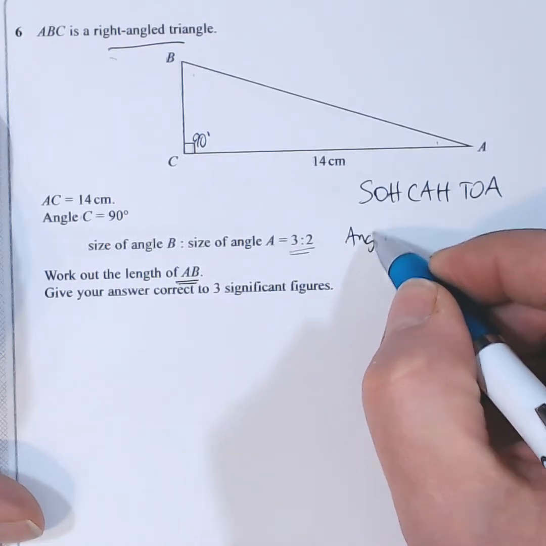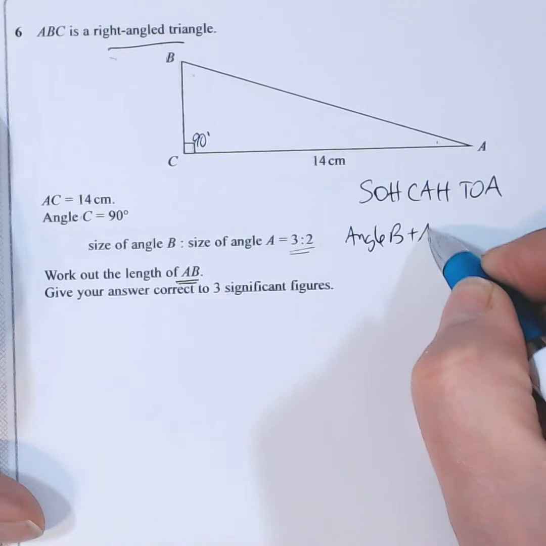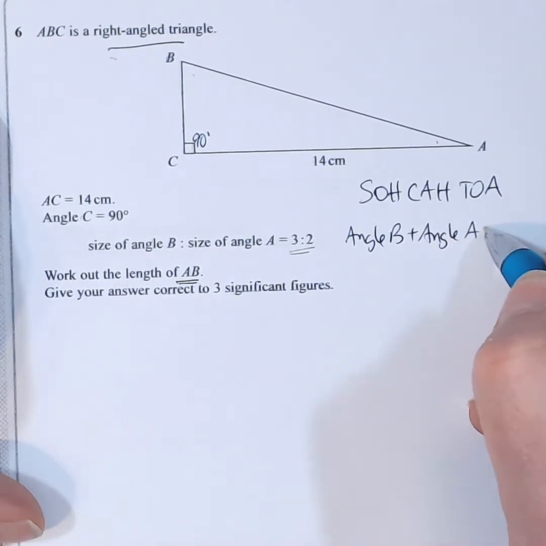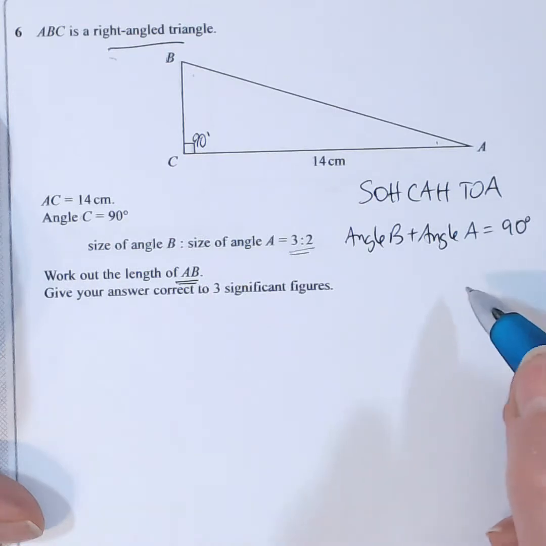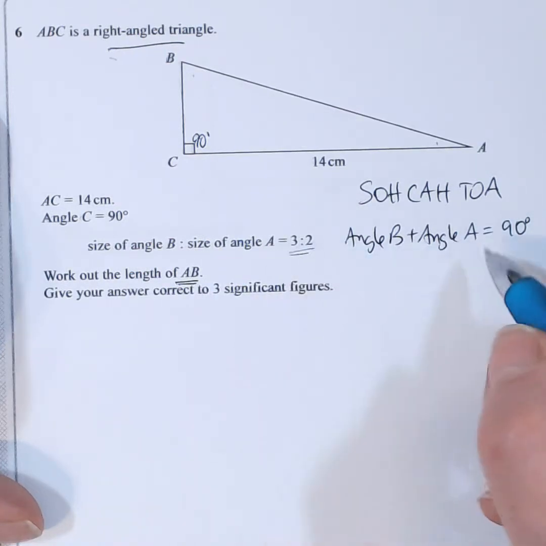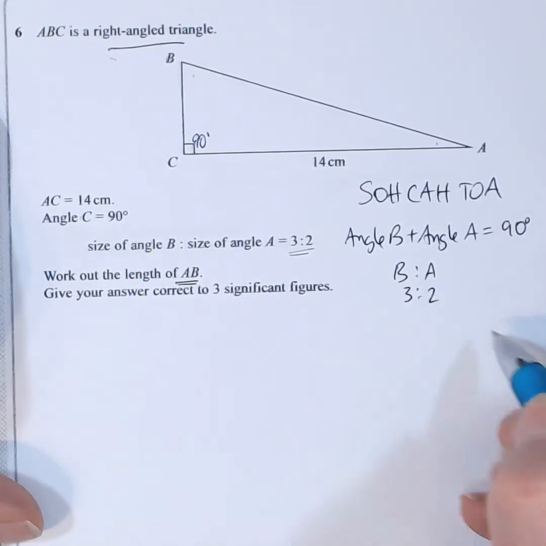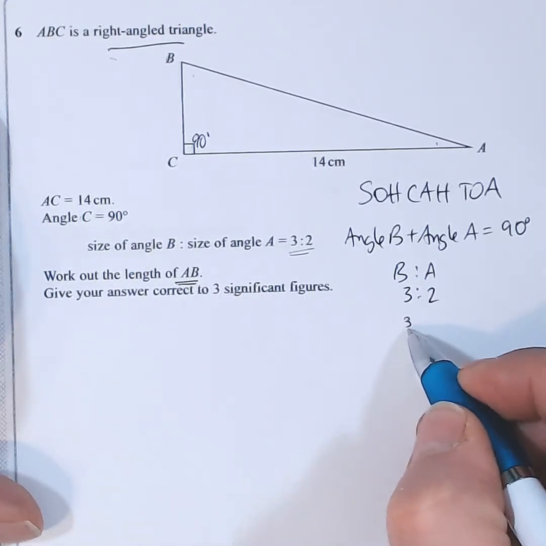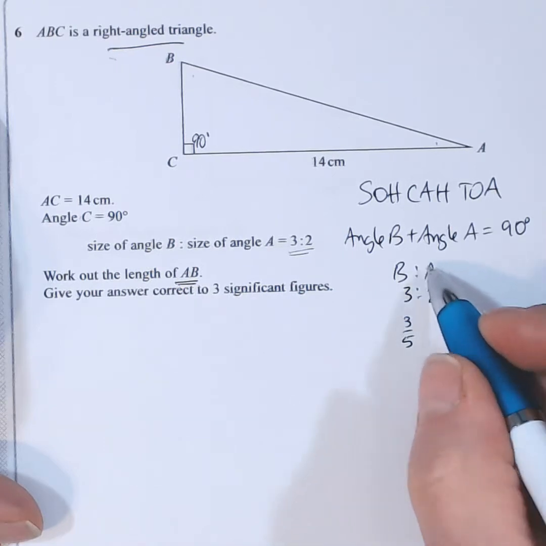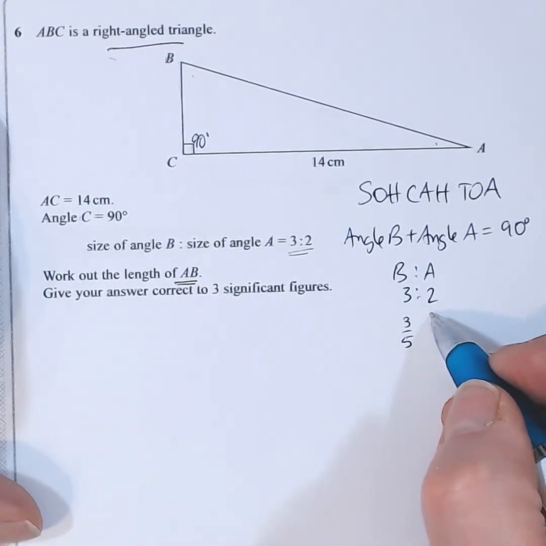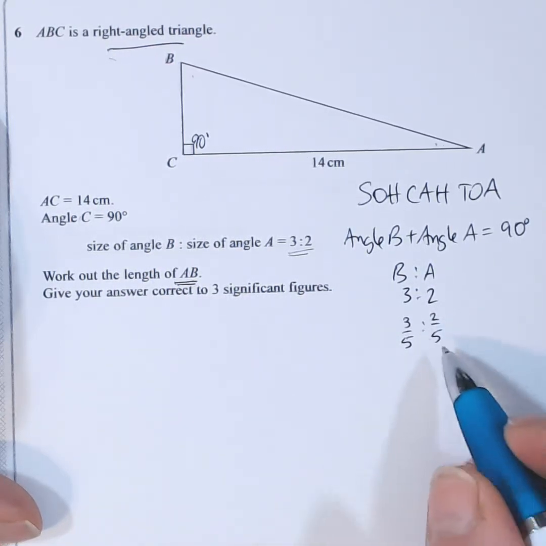So angle B plus angle A must equal 90 degrees, because we know 180 take away the right angle. It's in the ratio of 3 to 2, so we've got B to A in the ratio of 3 to 2. Well, this means that 3/5 of the total must be B and 2/5 must be A.